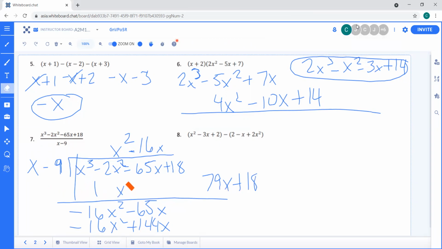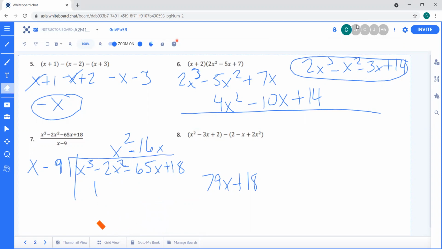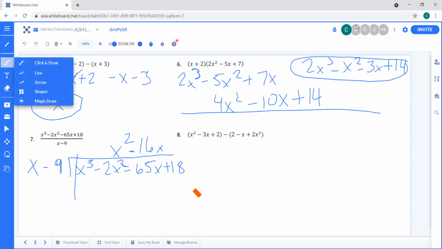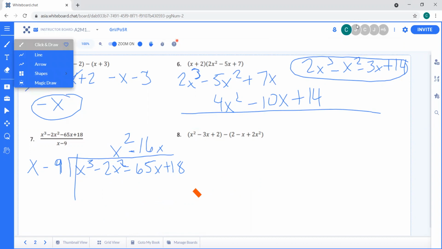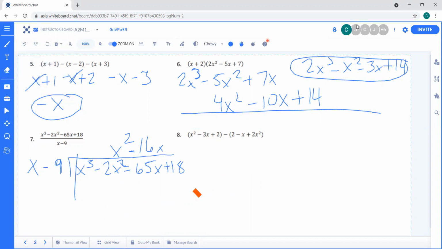Hold up, let's go back to right here. Okay. That was x cubed, but it's simply negative x squared.